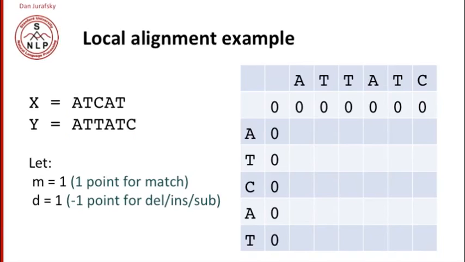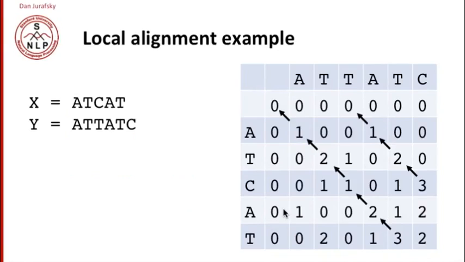And if we fill in the matrix, again, we start with zeros everywhere because we're doing local alignment. If we then look for cells that have a maximum score to trace back from, we see 2 of these cells. So one of them corresponds to the alignment ATCAT to ATTAT.